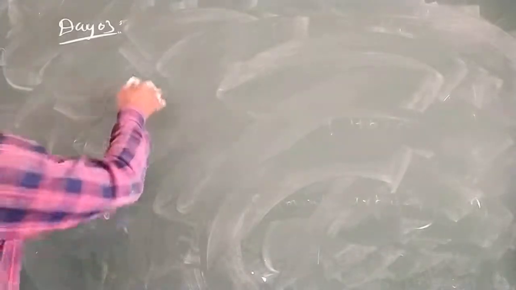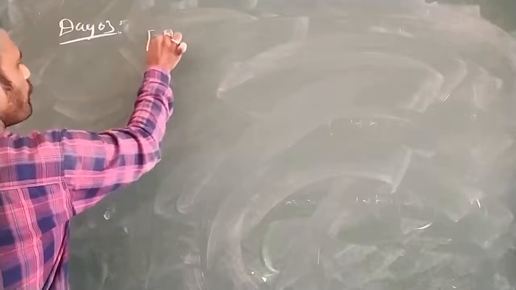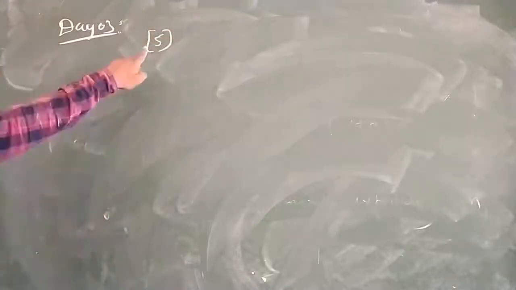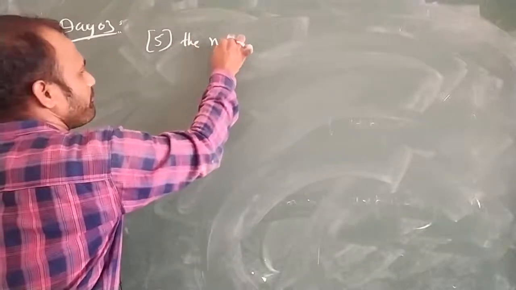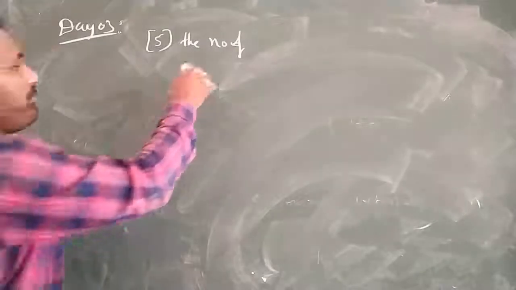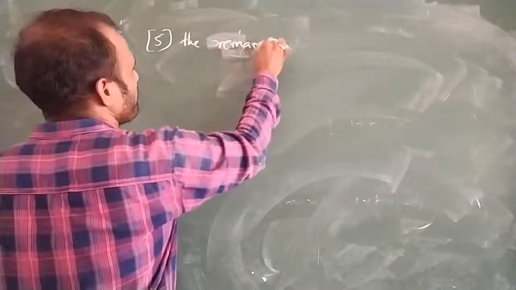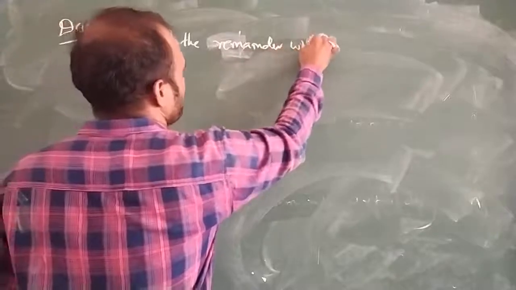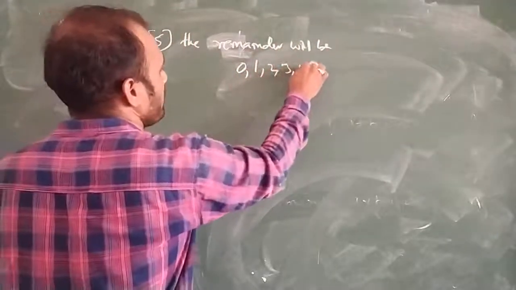And one more thing: if I am saying modulo 5, it means the remainders will be 0, 1, 2, 3, 4.